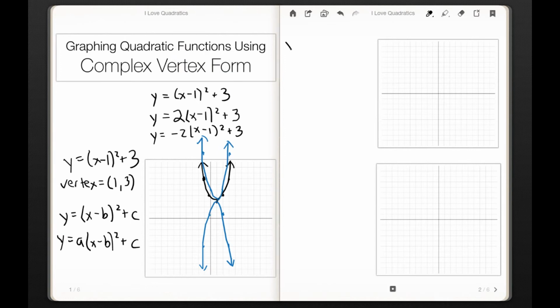Okay, so now that we have this a term, we can have a number in front of the squared. That's going to change things up quite a bit. Okay, so before we do this graph, let's just review one thing.